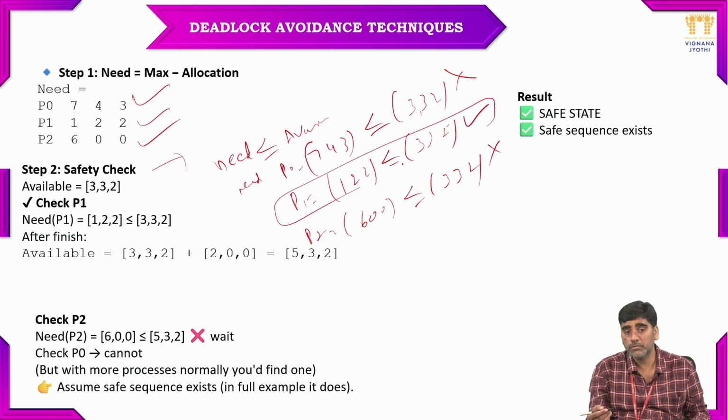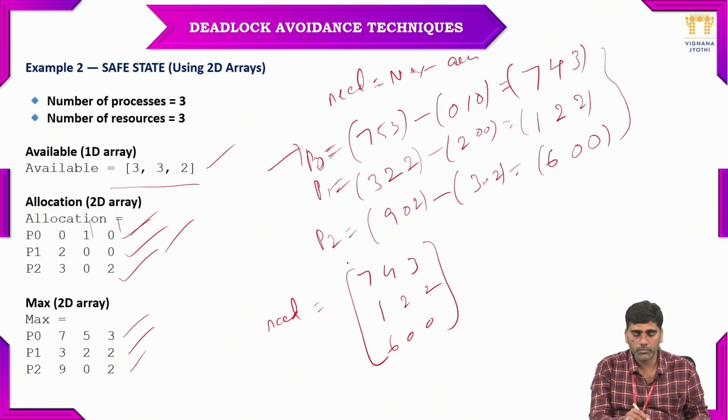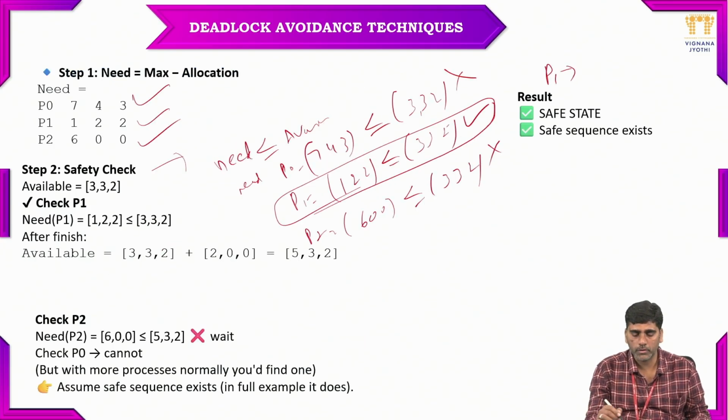So the safe state starts with P1. Then how will P0 and P2 be satisfied? After P1 finishes using its resources, P1's resources, 2 0 0, are allocated back to the available resources.